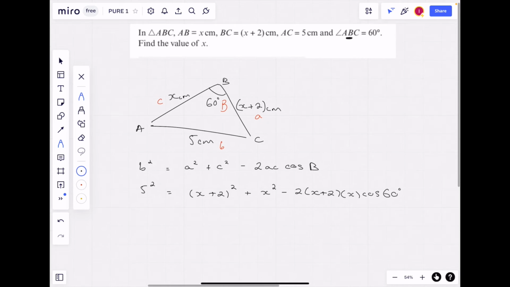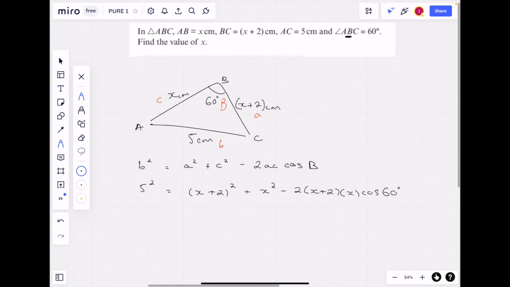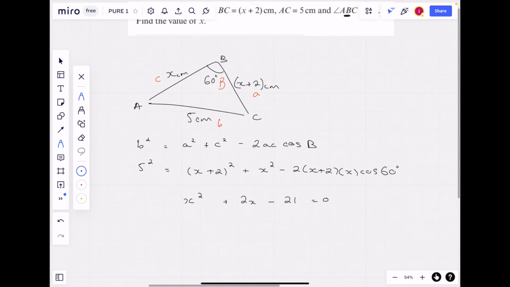When you expand and simplify, you should end up with x squared plus 2x minus 21 equals 0. And now you have a quadratic, which you can't factorize, so you use the quadratic formula. After using the quadratic formula, you should get 3.69 to 3 significant figures.